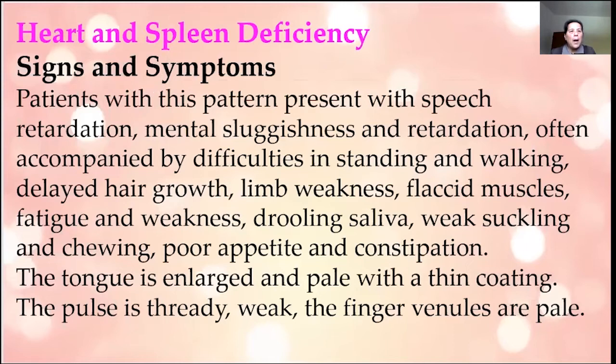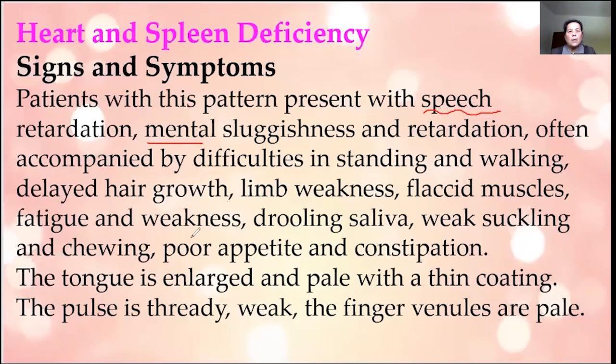Then we go to the pattern of heart and spleen deficiency. These patients still have the five slow, five soft, slow speech, slow mentality, and they may also have some other symptoms.